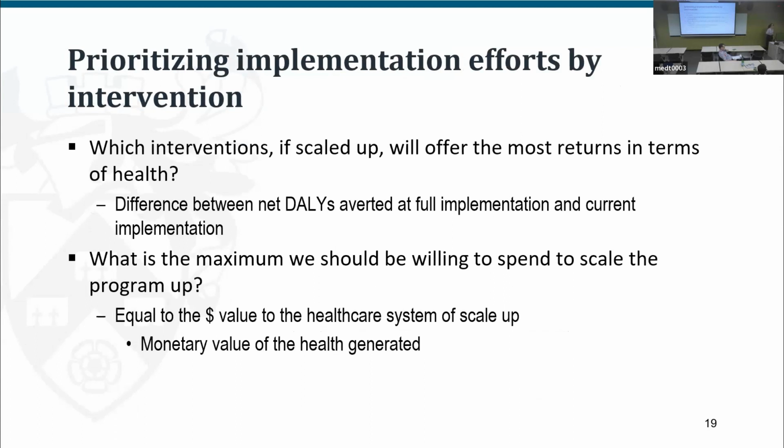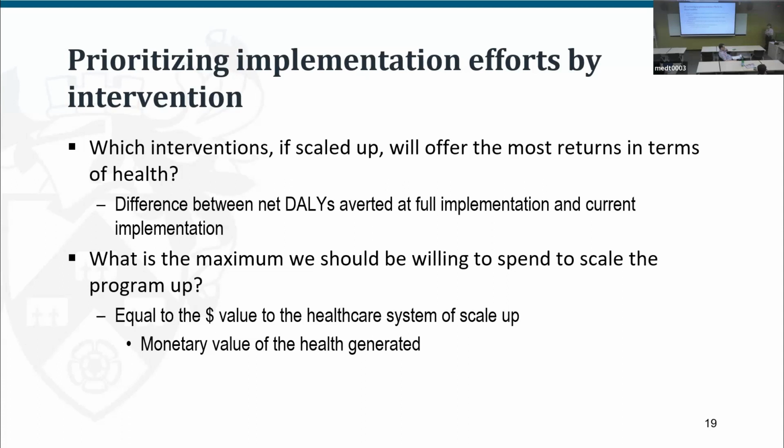Okay, so if we want to think about implementation efforts by intervention, we can think about this in terms of what interventions, if we were to scale them up, would offer the most returns in terms of health. And so that column I showed on the right where we ranked things by net DALYs averted, that was at full implementation, but we can re-rank according to the current implementation and sort of the difference between the net DALYs averted at full implementation and at current implementation.